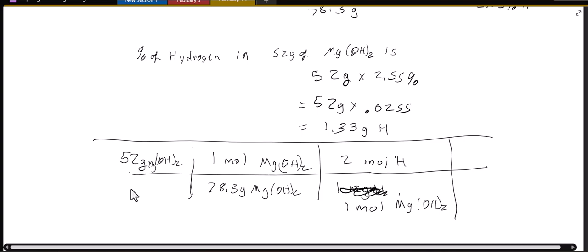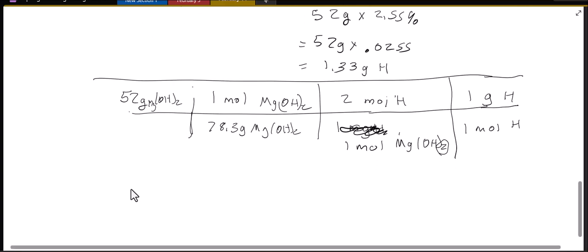Because I just look at my formula, this 2 tells me I have 2 hydroxides and therefore 2 hydrogens. That gives me moles of hydrogen. Now I need to get to grams of hydrogen. So I'll put 1 mole down here, and in 1 mole of hydrogen I have 1 gram of hydrogen.